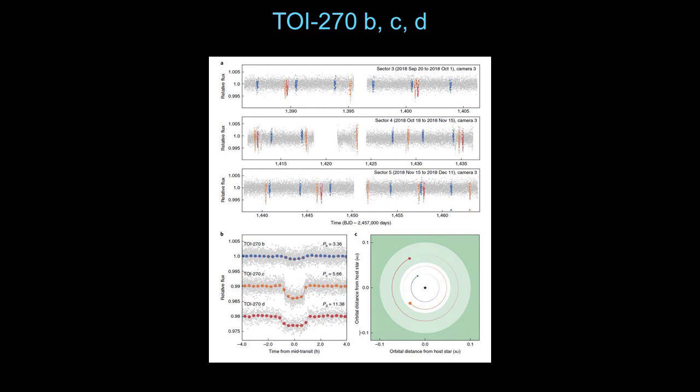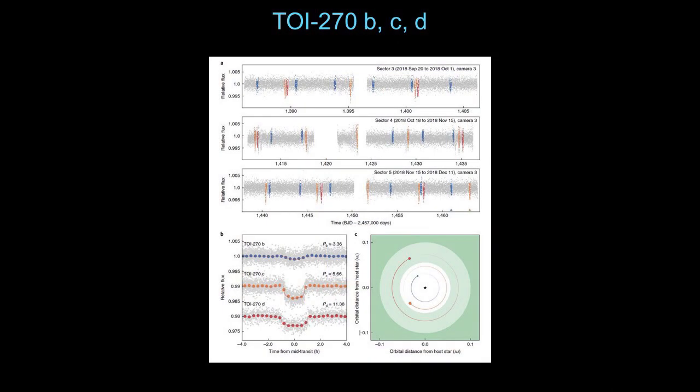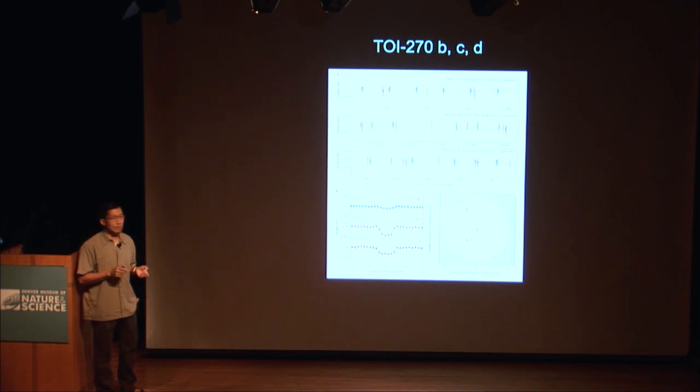So this is the light curve. And these color dots basically represent the points that occur during the transit when the planets blocked the light from the star. And as you can see, so here are the transit data from those 3 planets. And if you look at this, this is 100%, and they've kind of shifted these. But the amount of starlight that changes is much less than 0.1%.